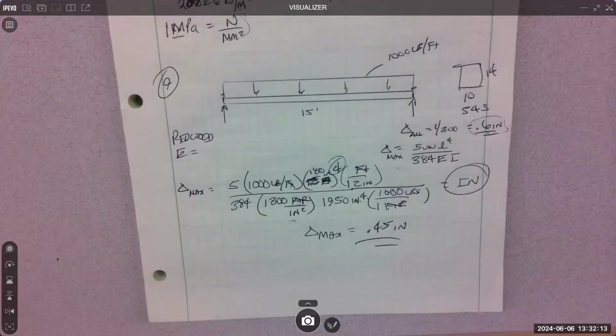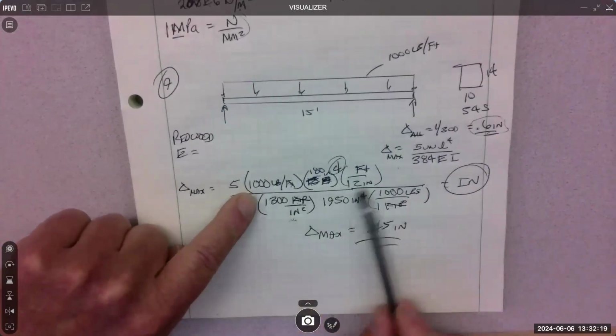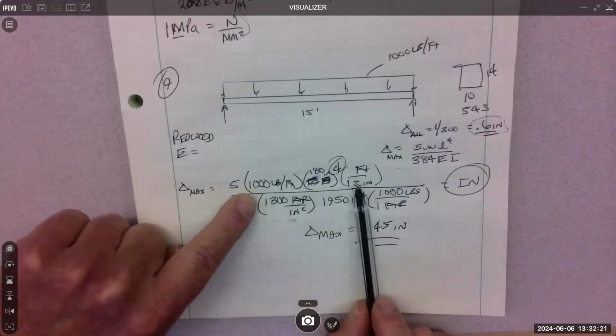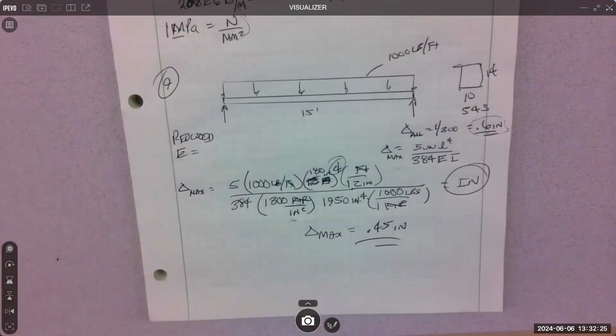The equation would run the same whether it's 1,000 or 12. It gets reduced by 12, so it's 1,000 divided by 12 to get pounds per inch. I get 0.45. Anyone get 0.45?